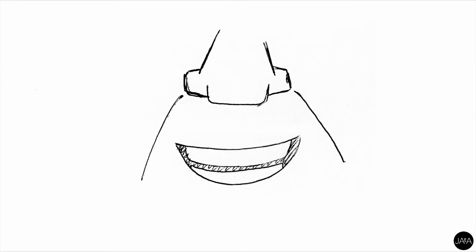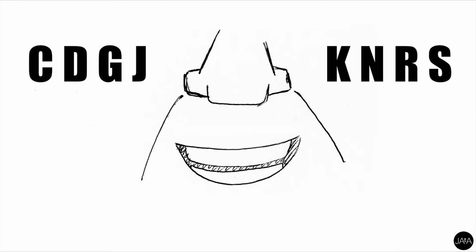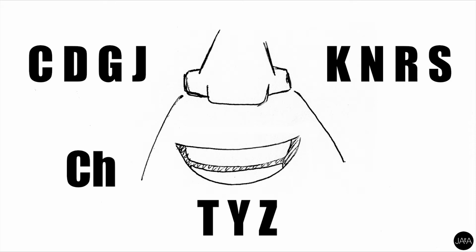Then, if you make the lips a bit more active and pursed, you get the shape for the letters M, B and P. Opening the mouth slightly and showing a bit of teeth gives the real workhorse position, which covers the letters C, D, G, J, K, N, R, S, T, Y and Z. It can also be used for the ch and sh sounds.